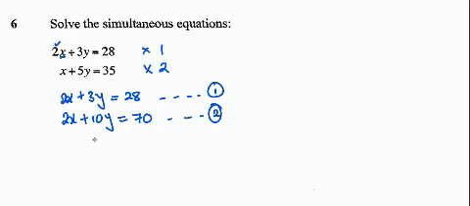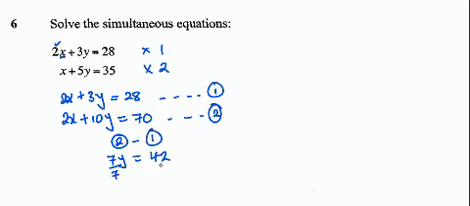So let me subtract equation 2 minus equation 1. 2x minus 2x is 0, so x is out. I eliminated my x. 10y minus 3y, that's 7y, equal to 70 minus 28, which gives me 42.